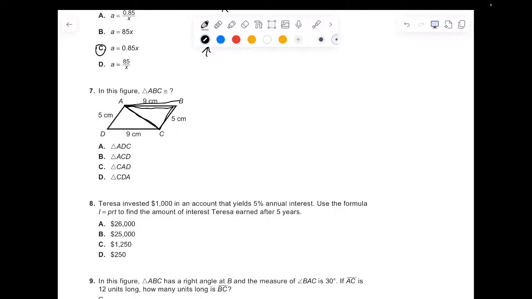A to B, B to C. So we have 9 centimeters and then 5 centimeters. And we have this side right here, which is obviously equal. So this is going to be equal to, do we have 9, 5, and then the same one? So that would be C, D, then A.